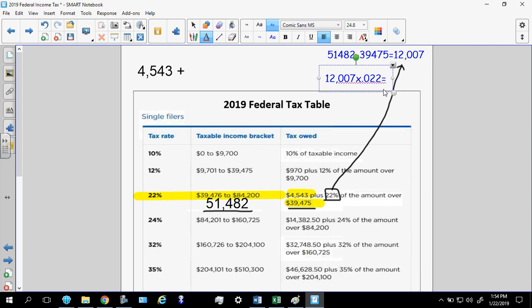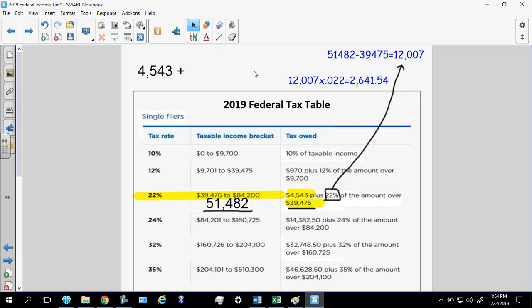When I do that, I get $2,641.54. So $2,641.